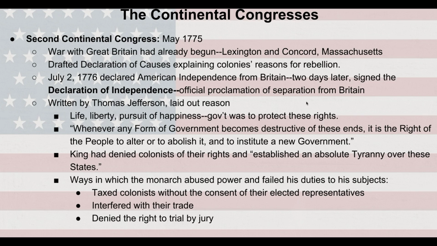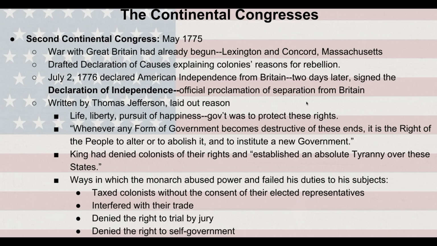They were being prosecuted by individuals back home who were sympathetic to the crown. And so there was a significant bias here. And we also see that they were denied their right to self-government when Massachusetts was stripped of their ability to continue their legislature with the Coercive Acts.